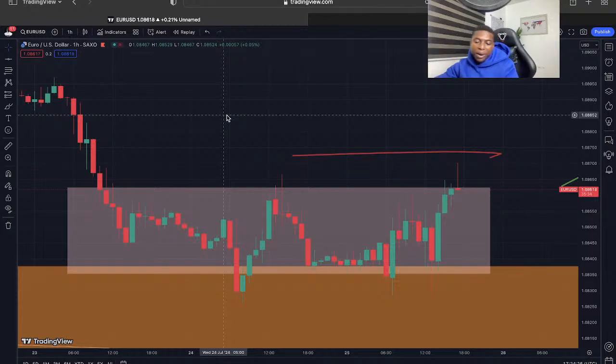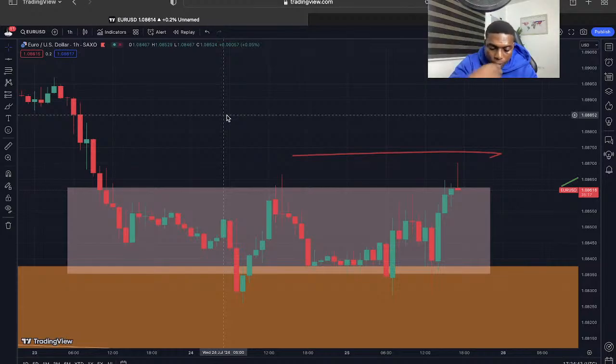Then if you are a scalper, you can get your signal from the 30 minute, 15 minute, 5 minute, and 1 minute time frames. So the kind of trader you are is equivalent to the kind of time frame you want to generate your signals from.